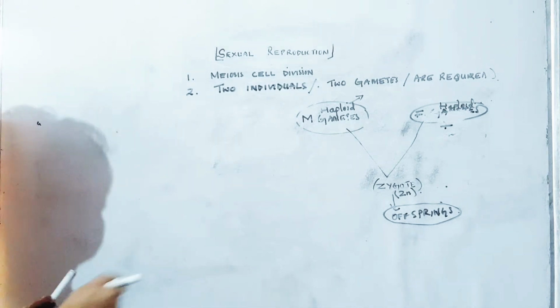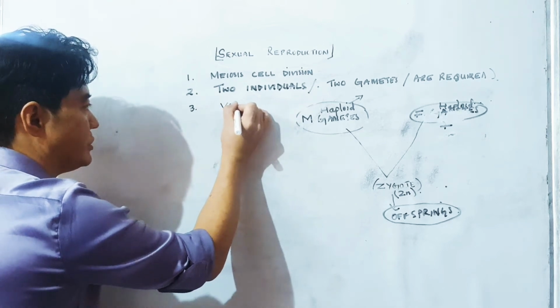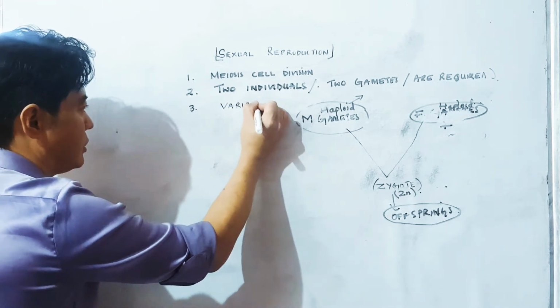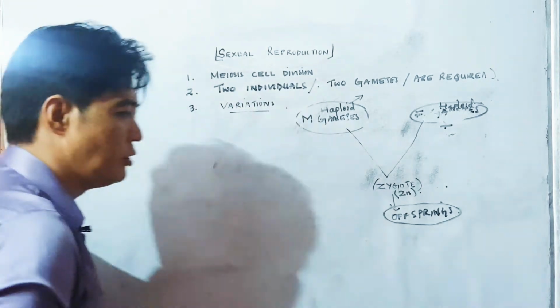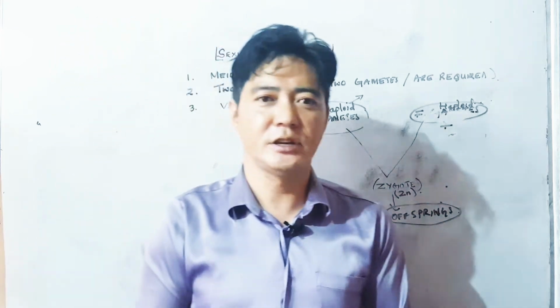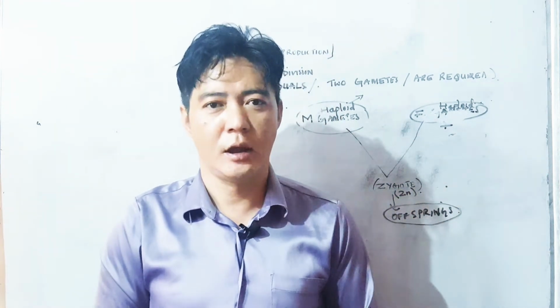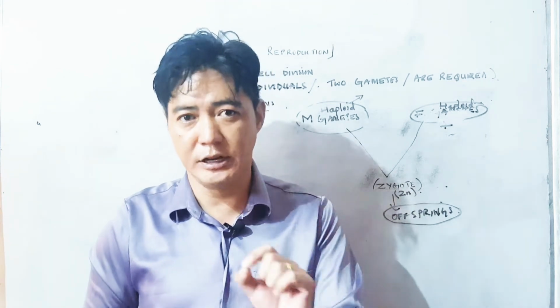Number three, variation occurs in the new offspring. Why does variation occur? Because exchange of characters in the non-sister chromatids takes place during cell division.